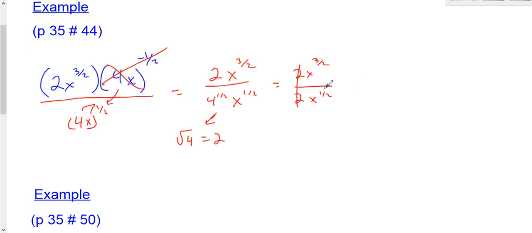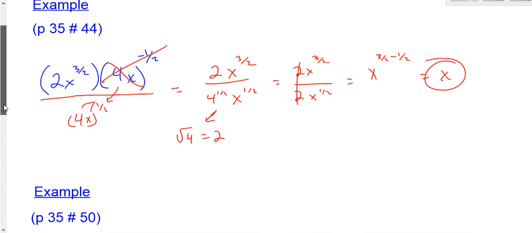And with x as the common base for the numerator and denominator, I can subtract these exponents, and I get x to the 3 halves minus the 1/2, and 3 halves minus 1/2 is 2 halves, or 1. And so our final answer is x to the first, or just x.